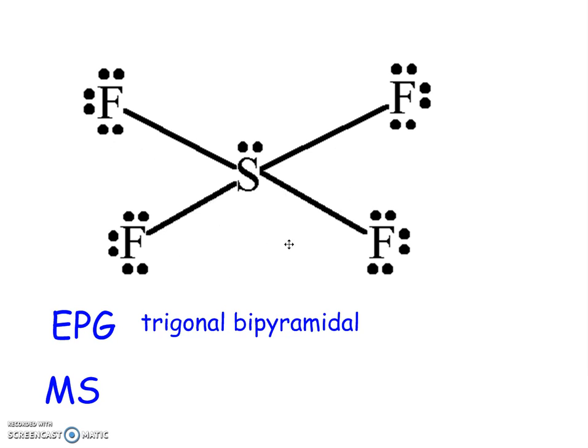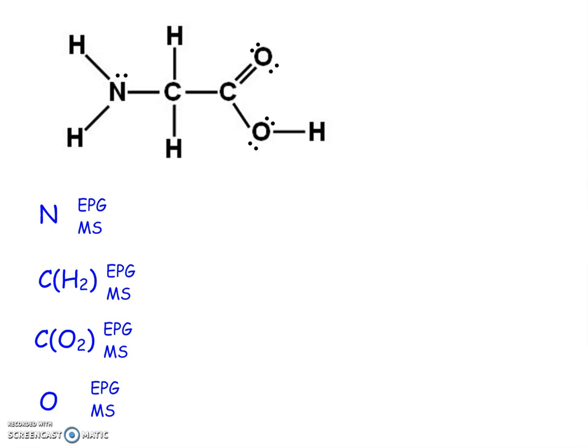And with those 5 regions and 1 lone pair, the molecular structure is the sawhorse or seesaw shape. Now, when we have more complicated molecules, we can't give a shape for the entire thing, but we can look at the shape around individual atoms.